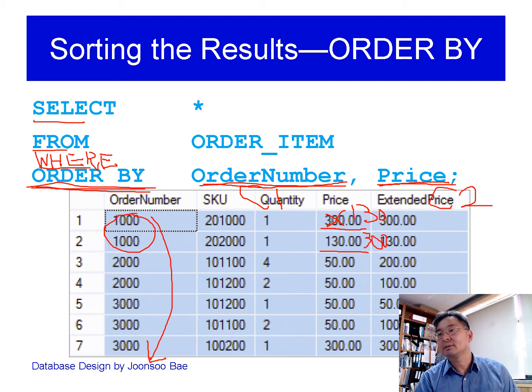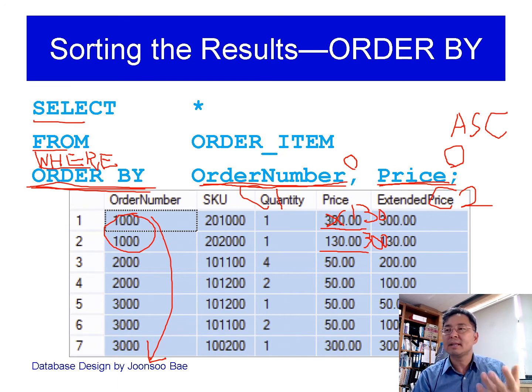It is the correct one because nothing follows the criteria here. That means that the default or implicit ordering rule is ascending. ASC is omitted here.